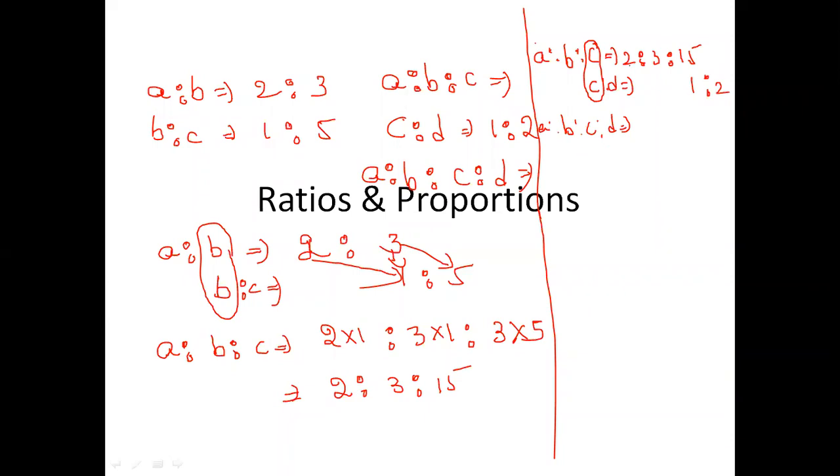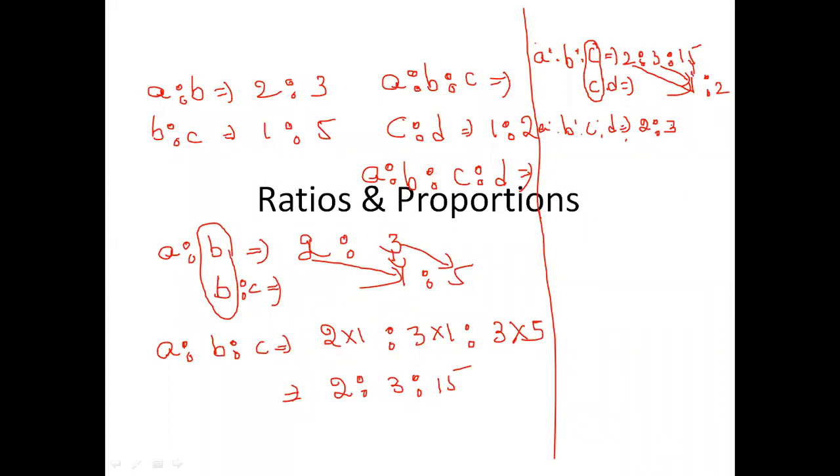So 2 is not having any opposite number. That means 2 into 1 will give you the first value, which is A. Done. Next, 3 is not having any opposite value. 3 into 1 will give you the value of B, which is equal to 3. Next, 1 and 15 are opposite, guys.